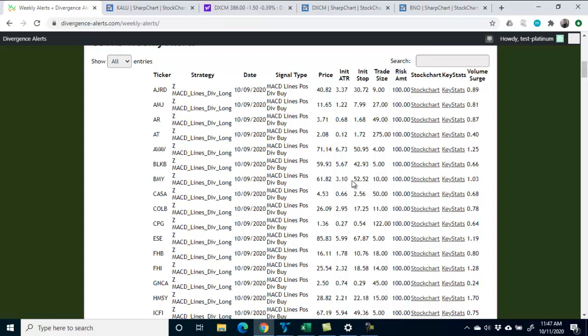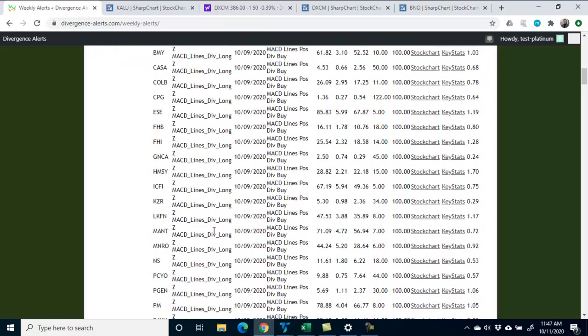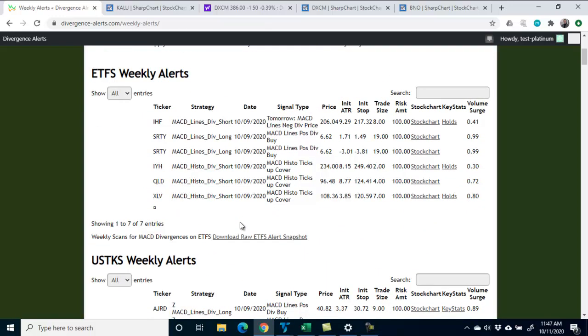So assuming a 3 ATR stop, it calculates what the stop price would be. And assuming you wanted to risk $100 between the stop price and the current price, then it calculates the number of shares that would do that. And you could multiply that to whatever you desire. So this is what's shown in the weekly alerts.